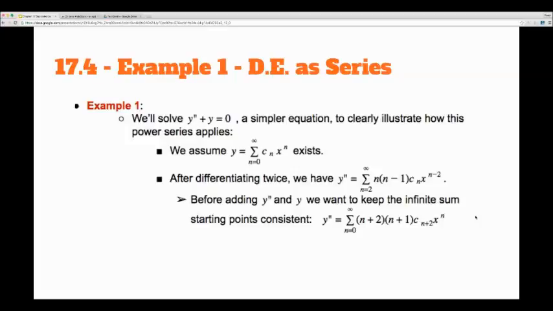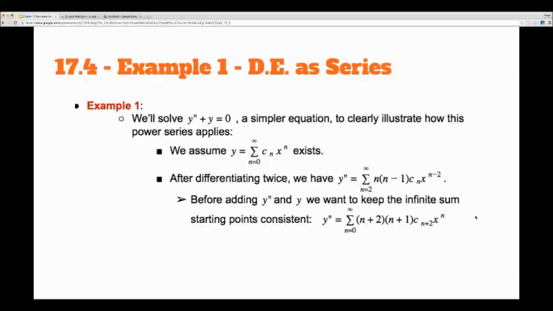And after differentiating it twice, we get y double prime from 2 to infinity, but we don't want 2 to infinity for our interval of the summation. We want 0 to infinity, so we add 2 to all the n's inside the sum, and then we shift our starting point to 0.